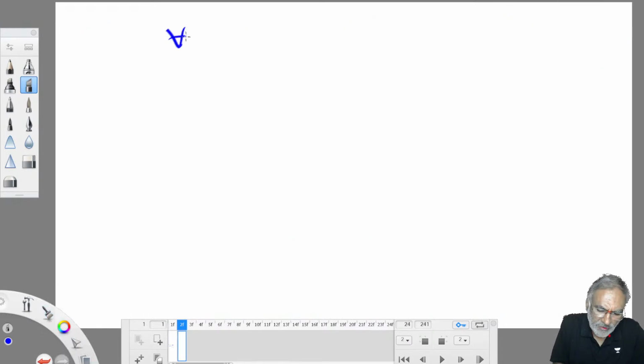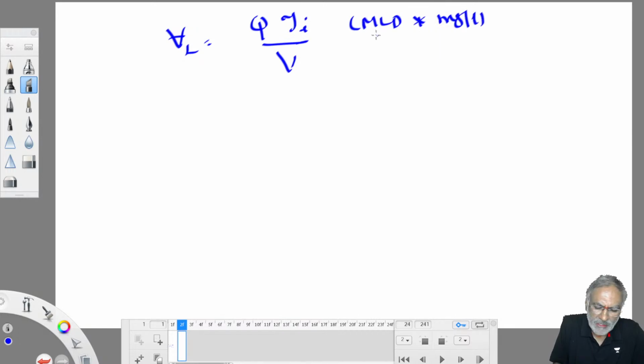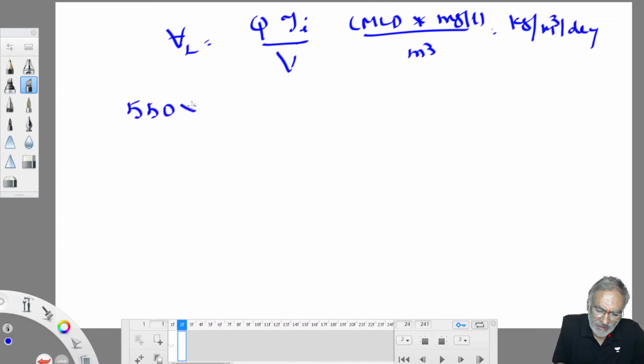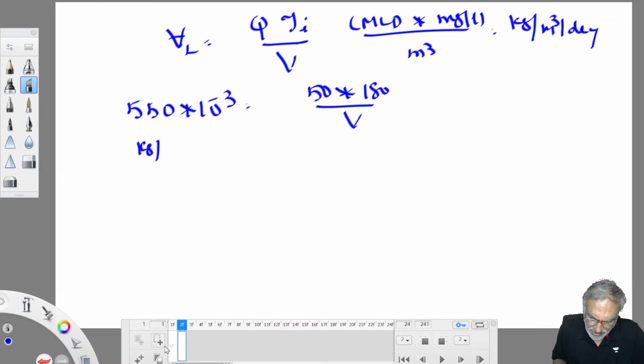So what is the volumetric loading rate expression? Q into Yi by V. I told you to substitute Q in MLD, Yi in milligram per liter, V in meter cube, so that we'll get the answer in kilogram per meter cube per day. So this side is also given in kilogram per meter cube per day: 50 MLD, 180 by V. This is also kilogram per meter cube per day, converted now.